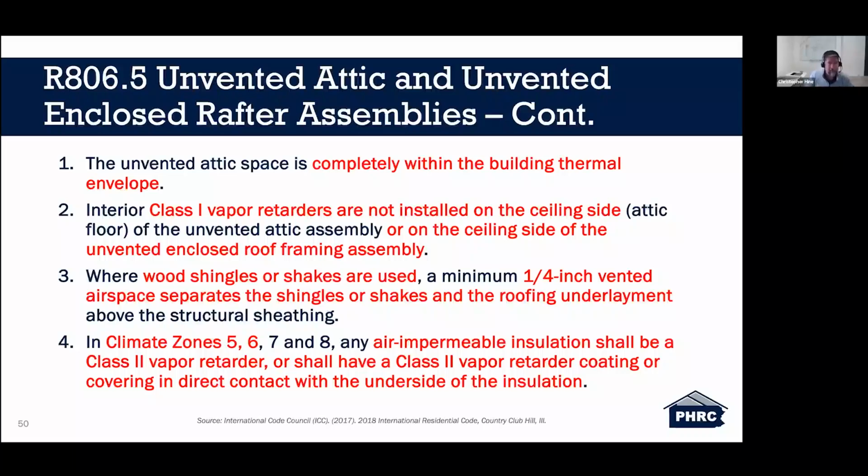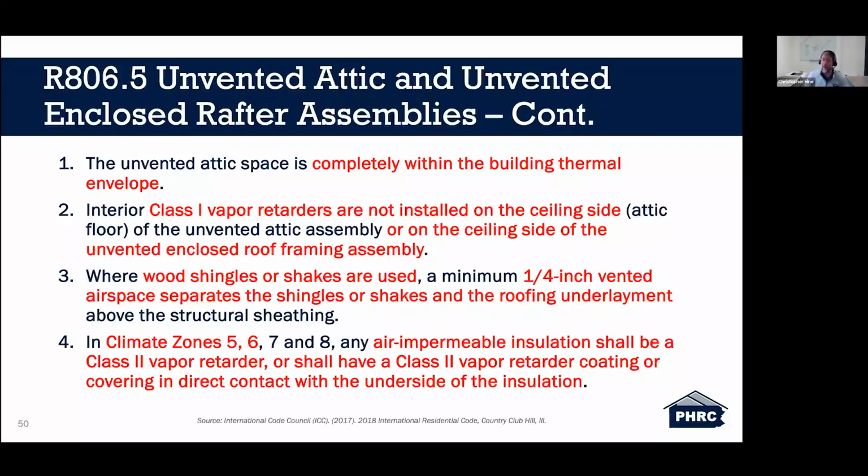So in climate zones 5 and 6, 7 and 8 as well, any air impermeable insulation shall be a class 2 vapor retarder or shall have a class 2 vapor retarder coating or covering in direct contact with the underside of the insulation. So again, there's a whole lot to unpack there.